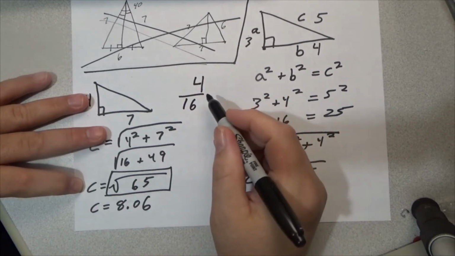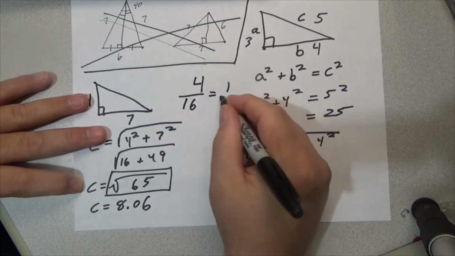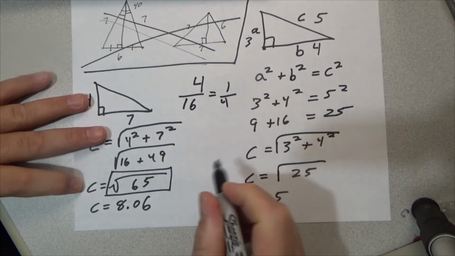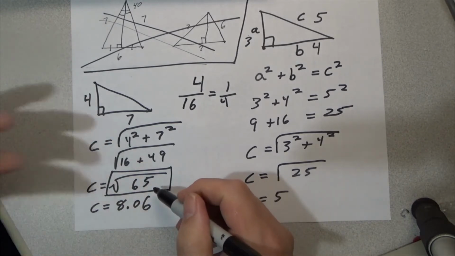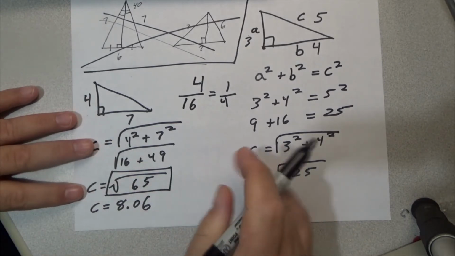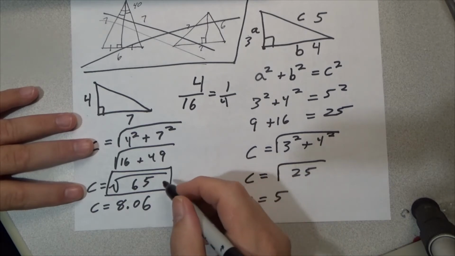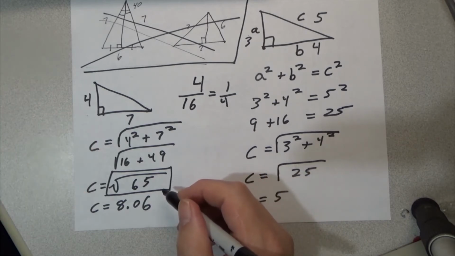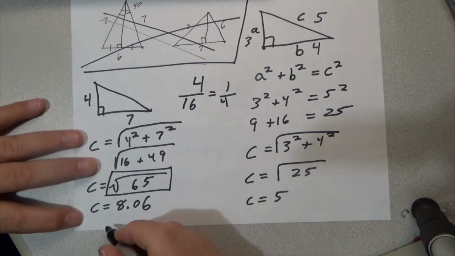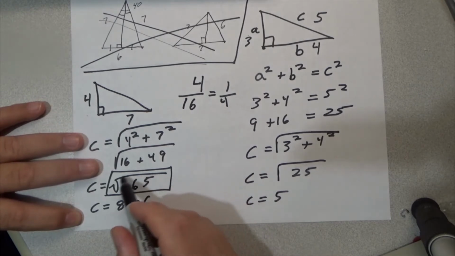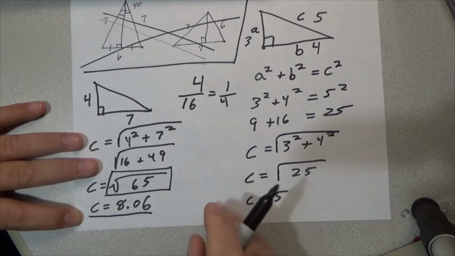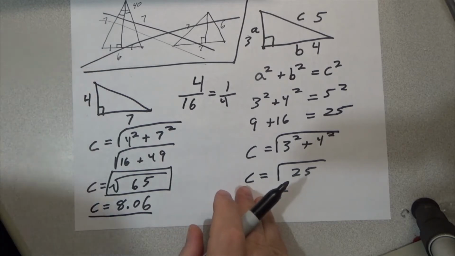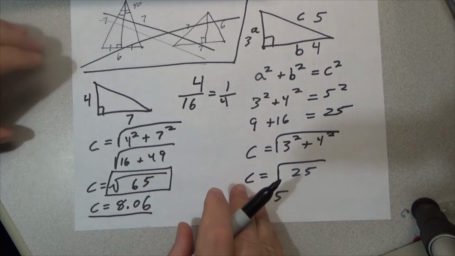You would always reduce this to 1/4. That's exactly the same thing you do when you pull out even square roots, if there are any to pull out. But that's not part of this class. So generally speaking, instead of leaving it in what we would call the exact answer, we would go ahead and estimate it to be 8.06 in this case.